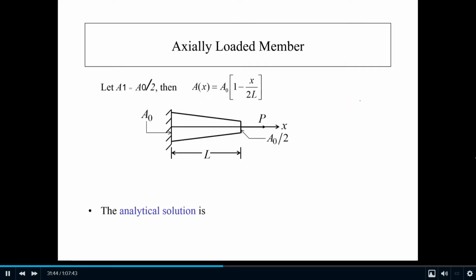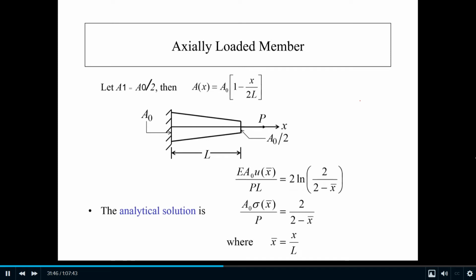This is what you're going to get. This is the solution for displacement, and this is the solution for stress. You will see that it involves certain parameters, because I wanted this solution to be dimensionless.